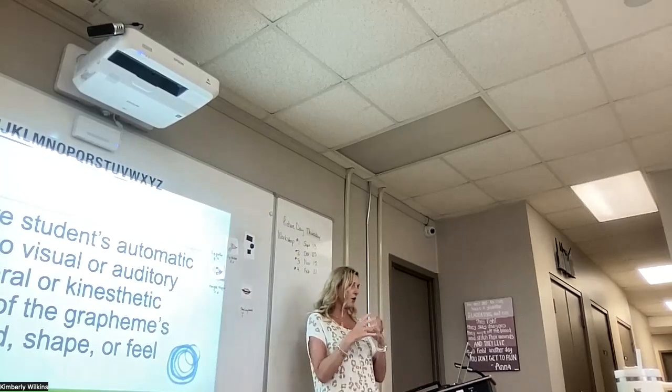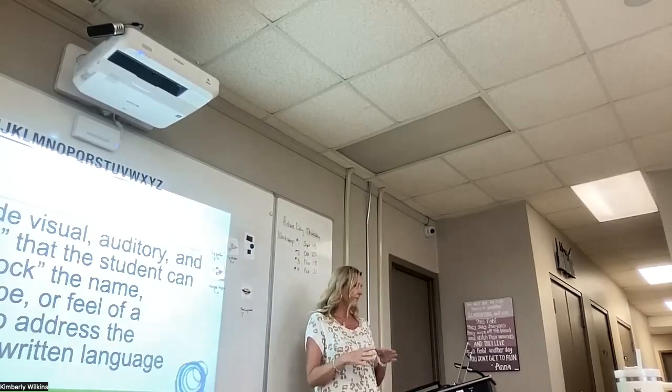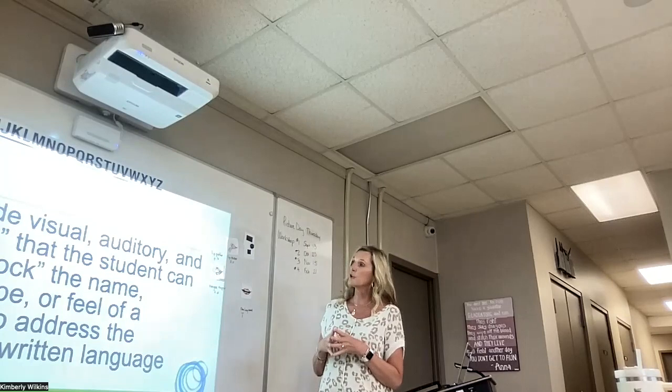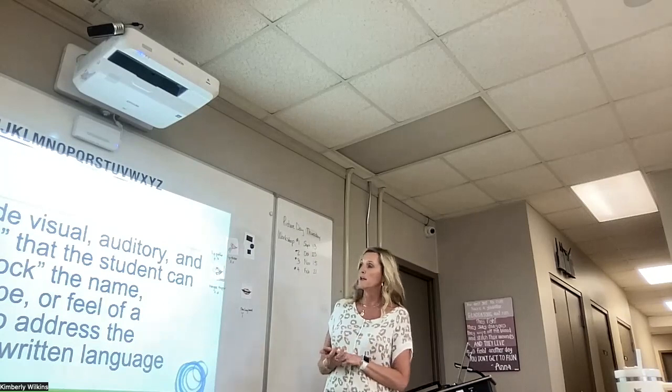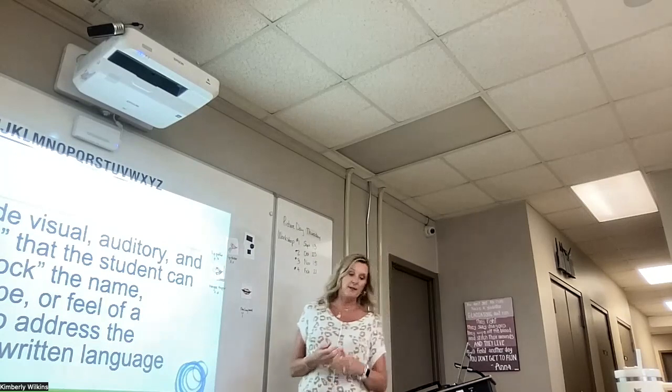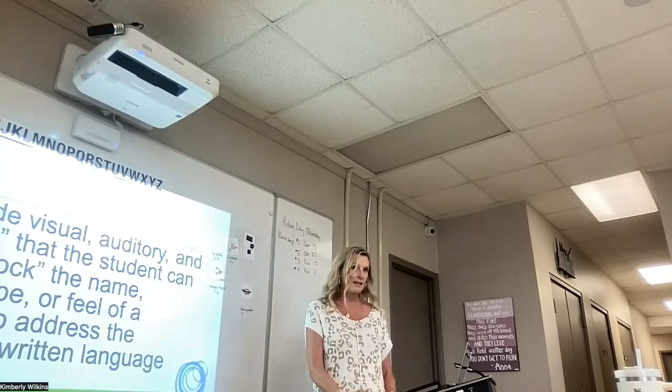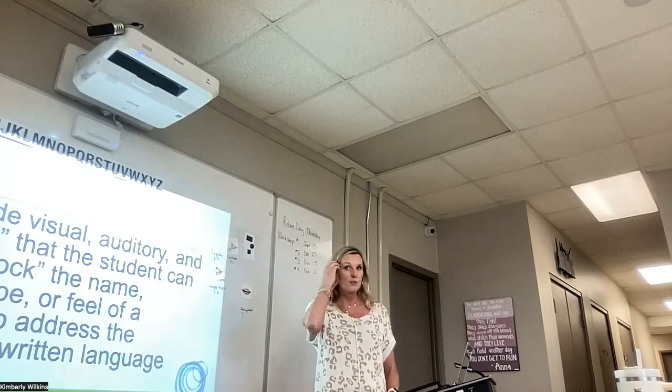So we want to look at all those characteristics of a letter. We want to provide visual, auditory, and oral clues that the student can use to unlock the name, sound, shape, or feel of a grapheme to address the demands of written language. So think about what we did when I say, what sound do you hear? What's the same?